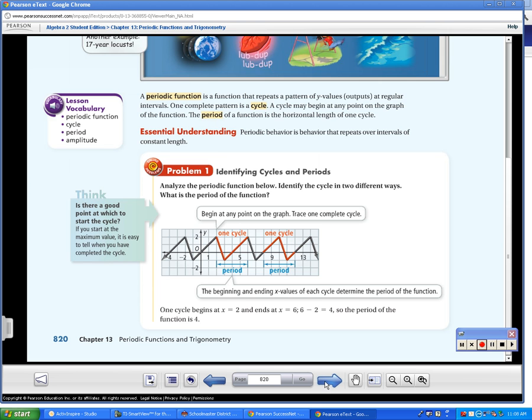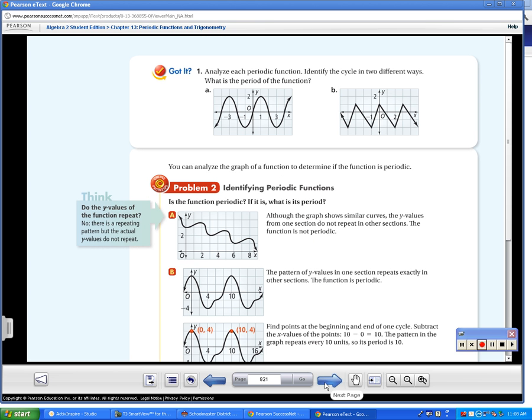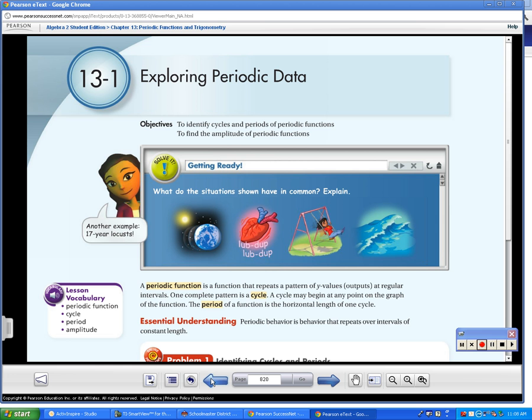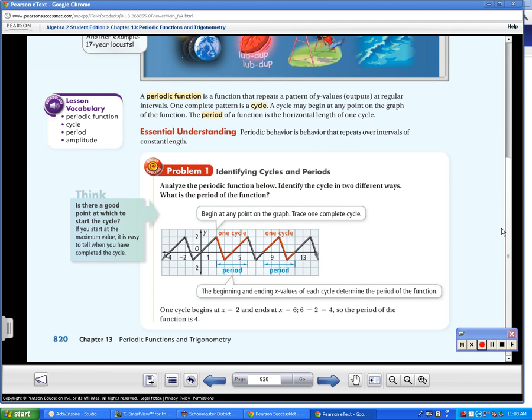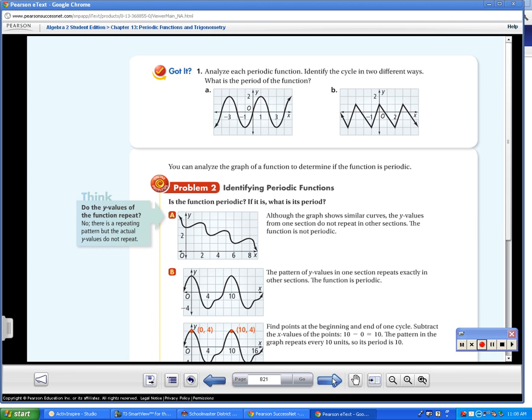So let's look at another one. And this one back here, I said that the period is 4, because if I go from this high point to the next high point, it is 1, 2, 3, 4 in between those two high points. Okay? Or 1, 2, 3, 4 in between those low points. Okay? If you went online and watched this video, could you see all this?